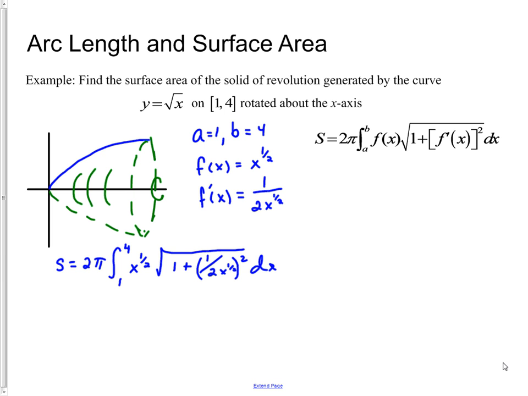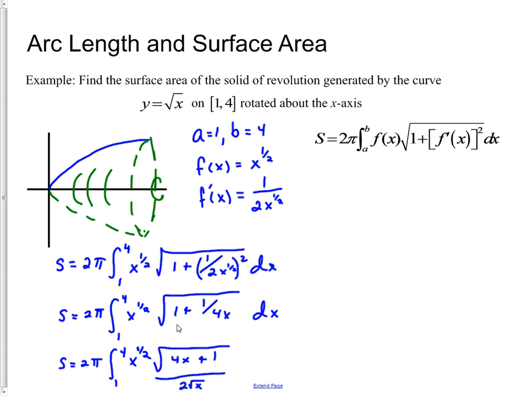Okay, so let's simplify. If I take this and combine these quantities under the radical as a single fraction, let's see what's going to happen. I get 4x plus 1 in the numerator and 4x in the denominator, and when I take that square root, look at what happens right here. Isn't that nice?